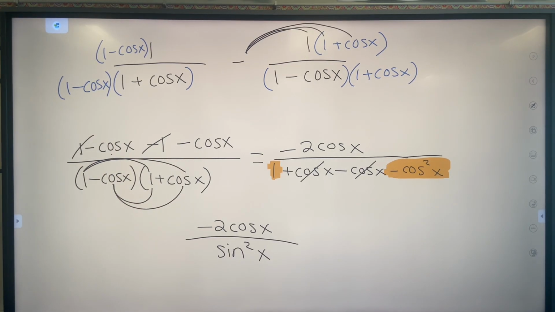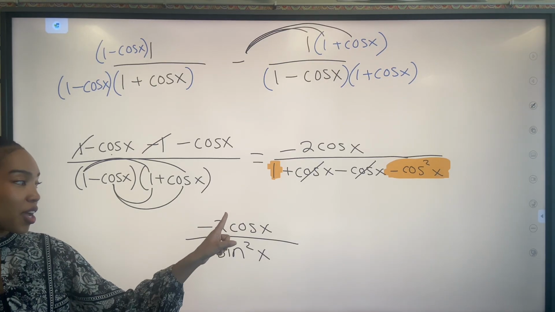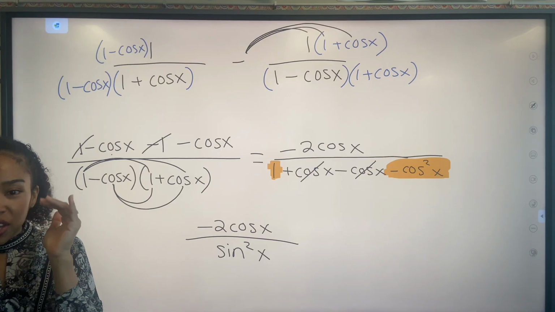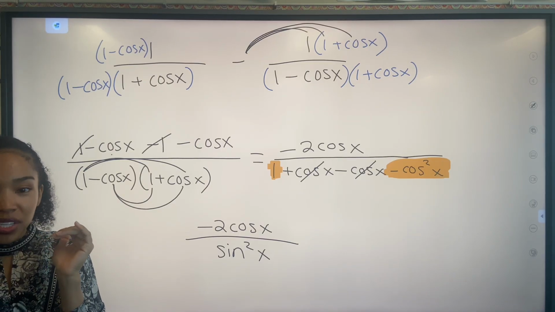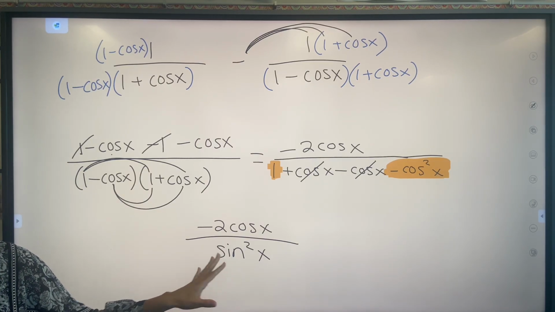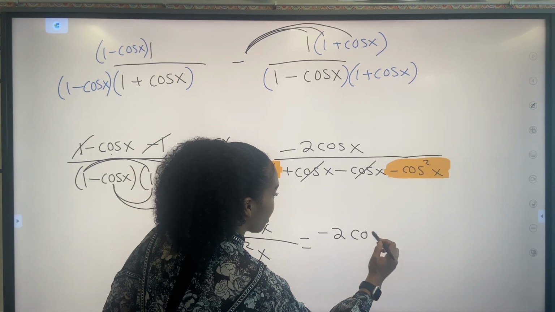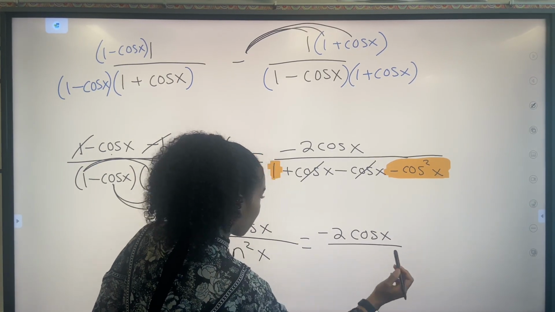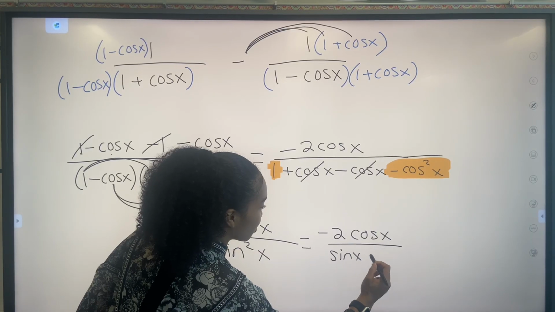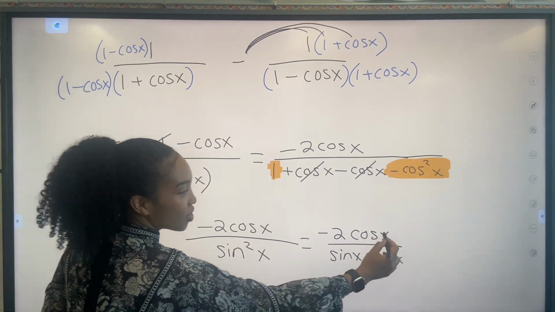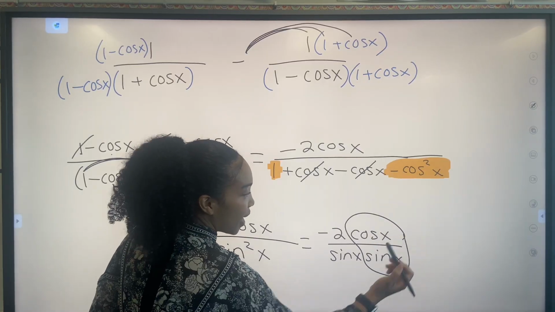Okay. Whenever you see cosine over sine, what should you be thinking about? Cotangent. So let's try to get that. I'm going to write this as -2 cosine x over, I'm going to put sine twice. Since you have a squared here, you can write it twice. And so here, I have my cotangent.